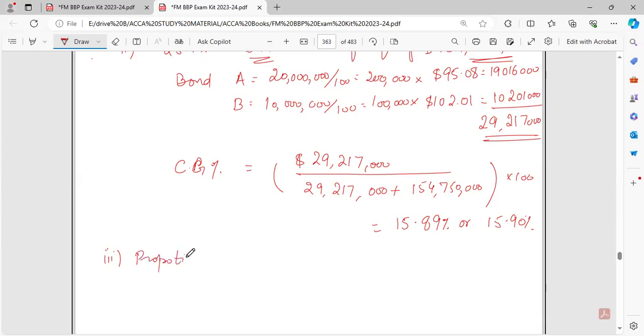In percentage terms, equity has a market value of 154 750,000. I'm ignoring 0. Bond A has a market value of 19,016,000. Bond B is 10,201,000.